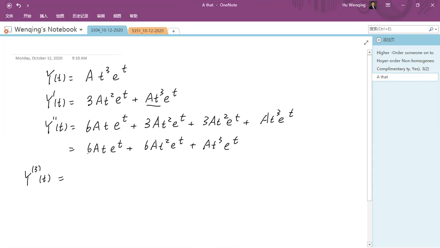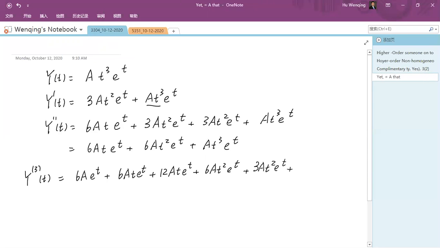So you're going to see that this is 6 times a e power t plus 6 times a t e power t, right? And plus you take the derivative here, which is 12 times a t e power t plus 6 times a t squared e power t. And then plus you take the derivative here, so 6 times a t squared e power t plus a t cubed e power t.